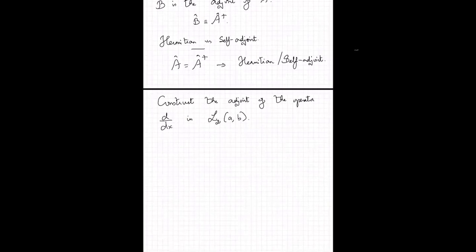So again, what is my definition of the adjoint of the operator? Suppose I have two functions, f and g.